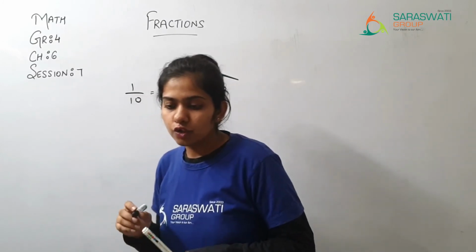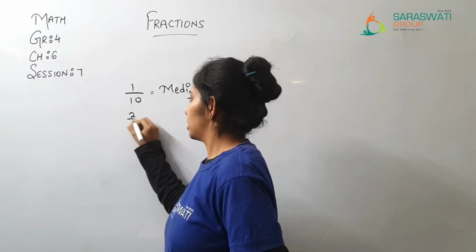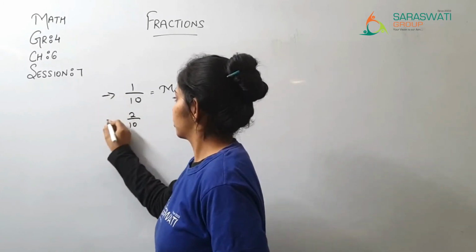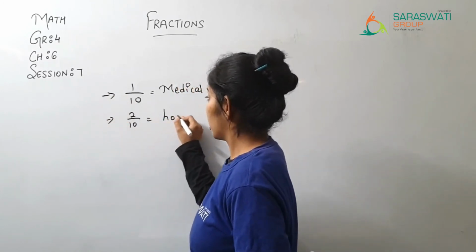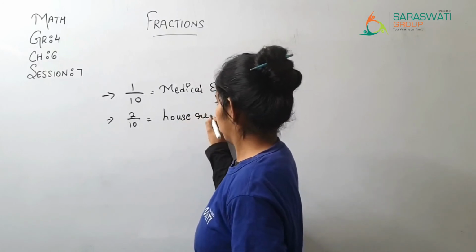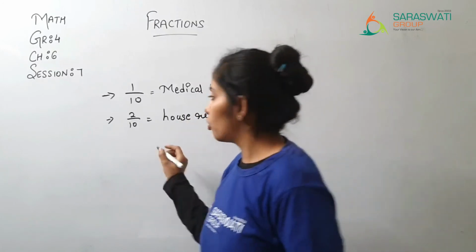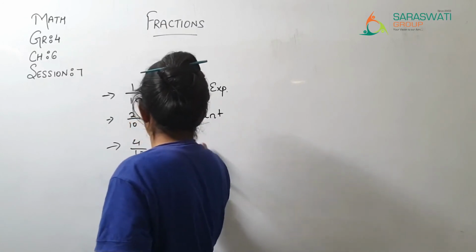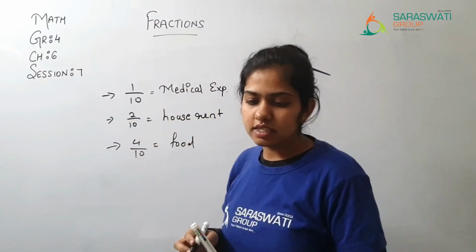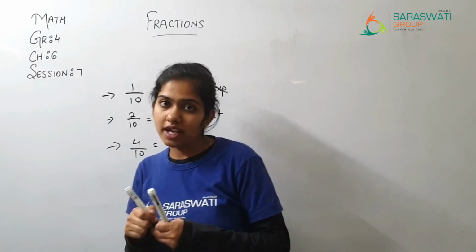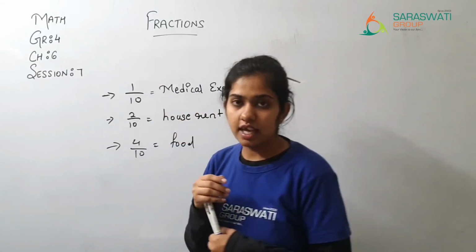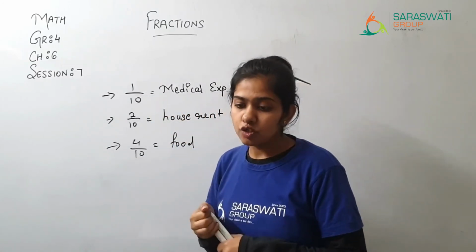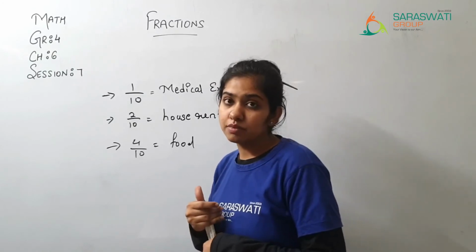Then afterward 2/10 for house rent, and 4/10 for food. So the rest is used for other expenses. अब बाकी के जो है वो other expenses के लिए and savings का part है. So what fraction of his salary makes up the rest?